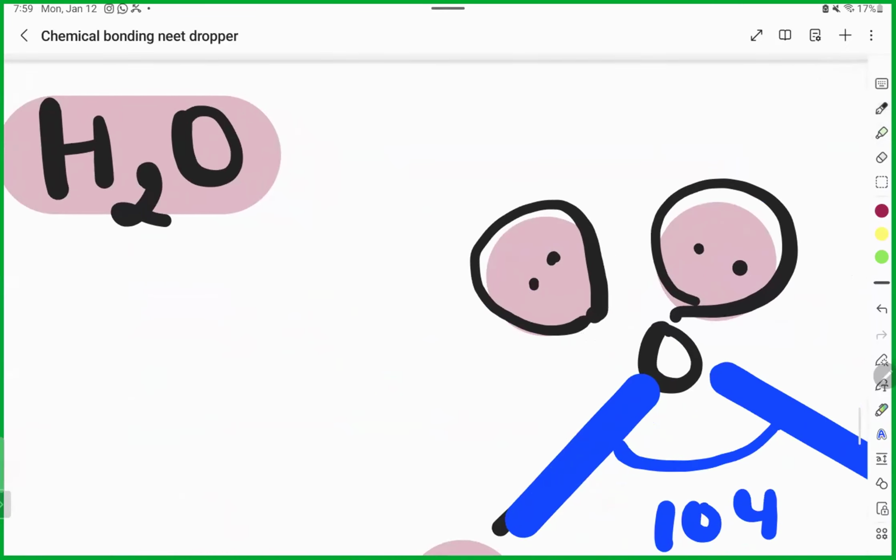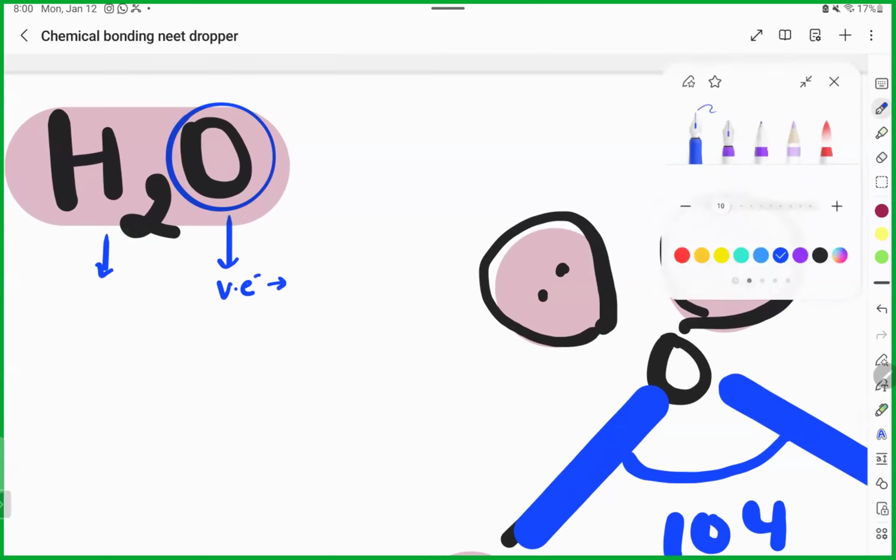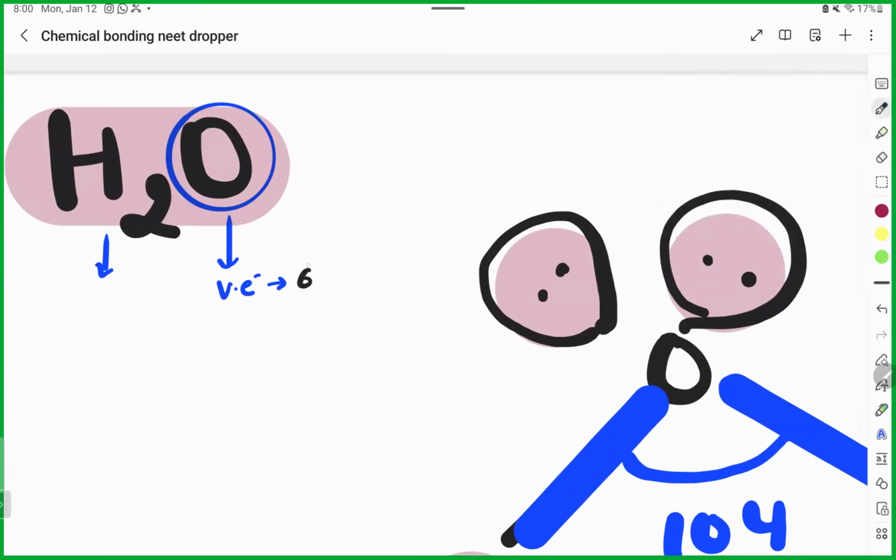So just focus on where you will make mistakes, only where you have lone pairs. Example, in this case, oxygen is our main atom. So what is the valence electron in oxygen? 6. Atomic number 8. So first shell 2, second shell 6. What is bond pair? 2.